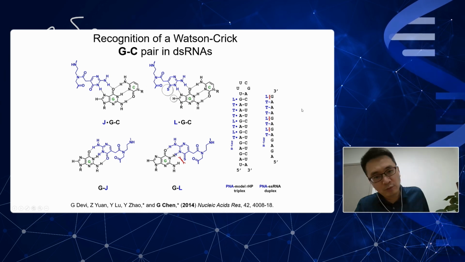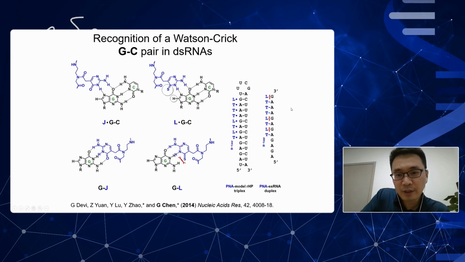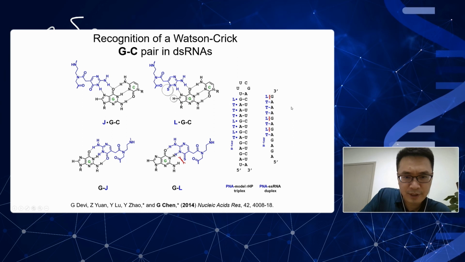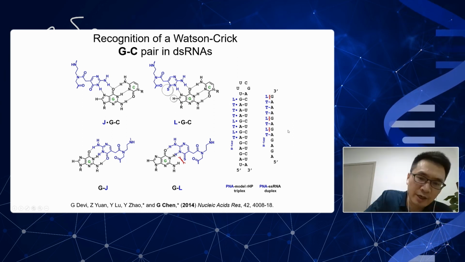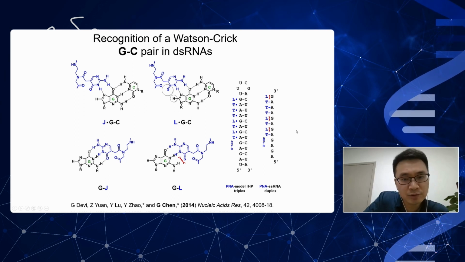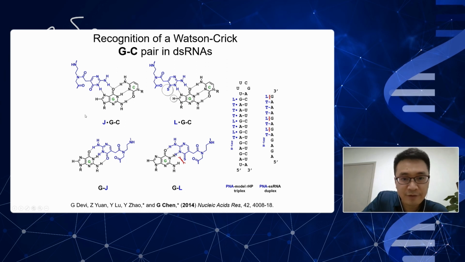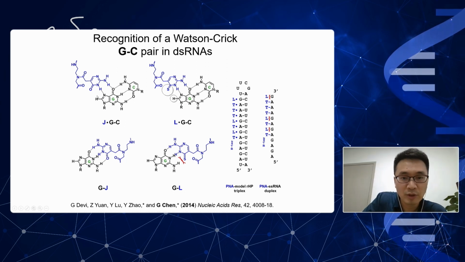First of all, I want to tell you how we started to think about designing this so-called L monomer, the L base. Actually, the L base is not completely new compared to the previously designed J base. The difference is only one atom.